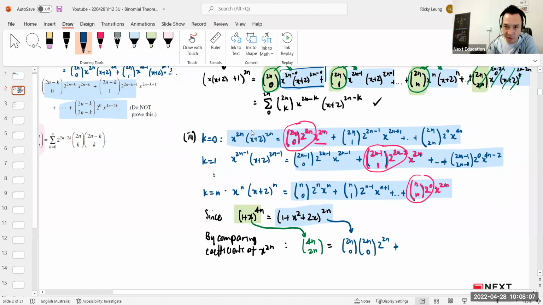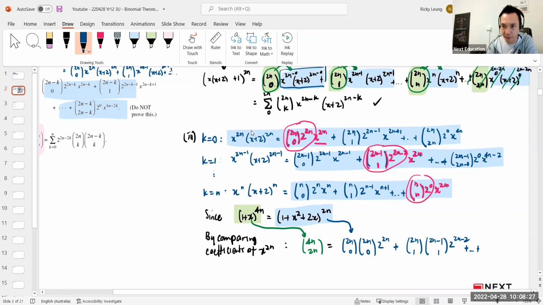Plus next green times next pink. So let's see if this works. 2n choose 1, 2n minus 1, 1. Now, does that work for itself? So 2n choose 1, 2n, perfect. And then this one here times 2n minus 2. Yes. Plus dot, dot, dot.